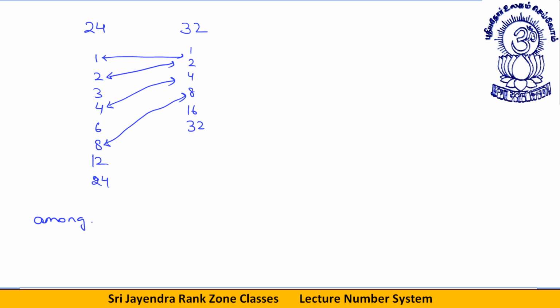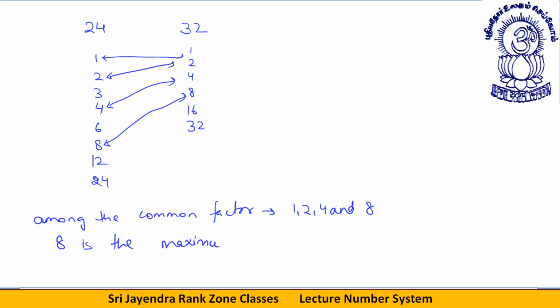Among them, 8 is the highest, the maximum. Therefore, I will say 8 is the HCF of 24 and 32. This is actually the basic concept.